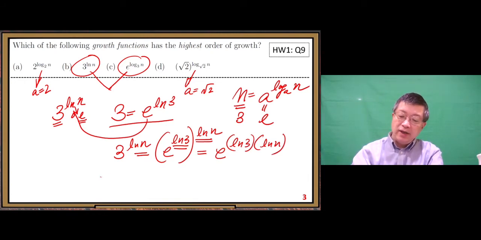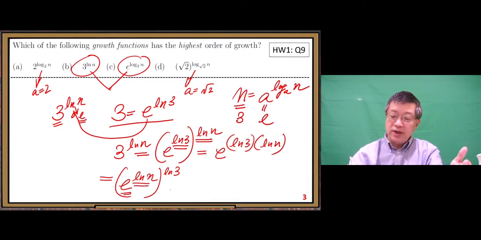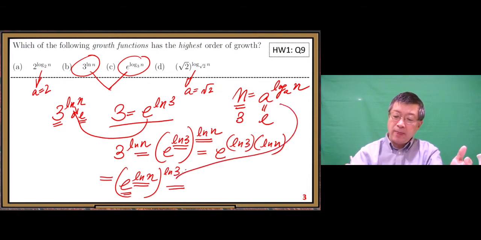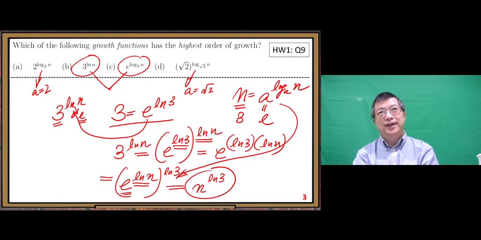When you have that, can you write it as e to the log of n inside and the natural log of 3 outside? Yes, we can. Now, same base e, so by that formula we get n to the natural log of 3. That's the simplified version. If you can do that, you can solve this problem.